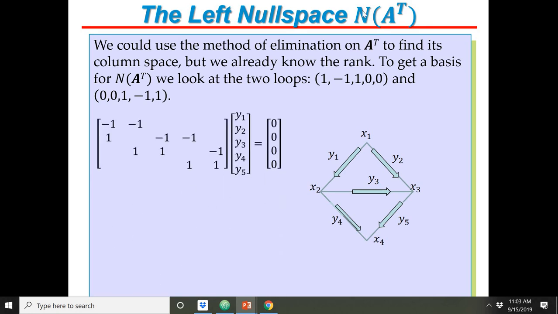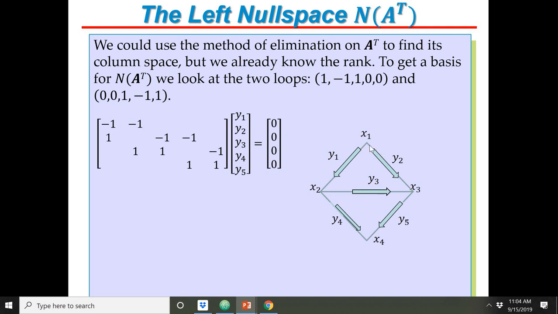The left null space problem, you remember, is A transpose y equal to 0. So take this equation, A transpose y equal to 0, and write it down explicitly by row, as 4 equations. Let's look at the first equation. It says minus y1 minus y2 equal to 0, or if you like, y1 plus y2 equal to 0.